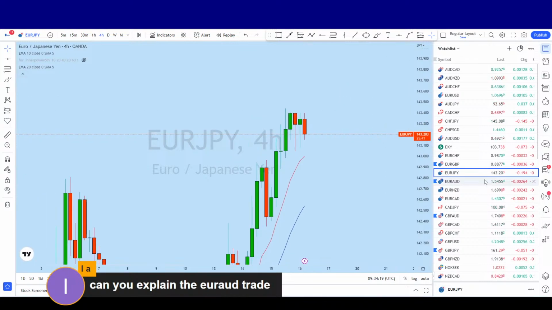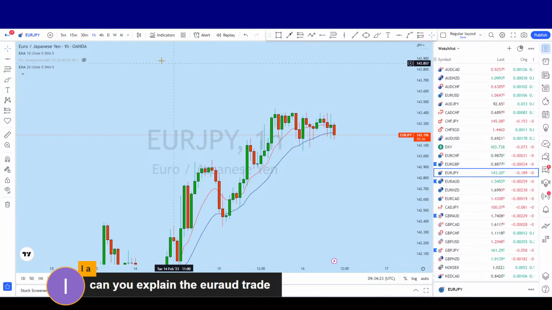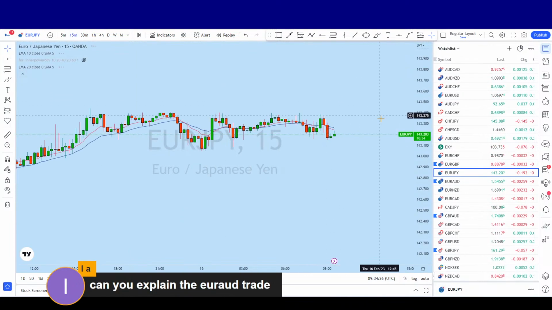Like UJ and Euro GBP, it's the same way. UJ is also showing the possibility for a drop.